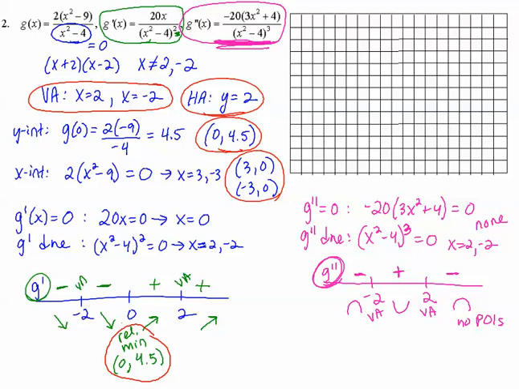Now, we've got 2 vertical asymptotes, -2 and 2, and a horizontal asymptote at 2. Looking at some points, I don't see, nope, no negative y values. But I do have some sort of symmetry here. So I'm going to put the y-axis right in the middle and the x-axis just a little bit lower than the center.